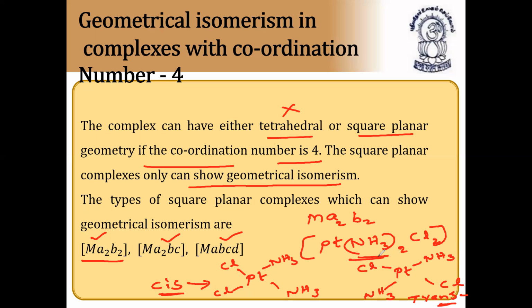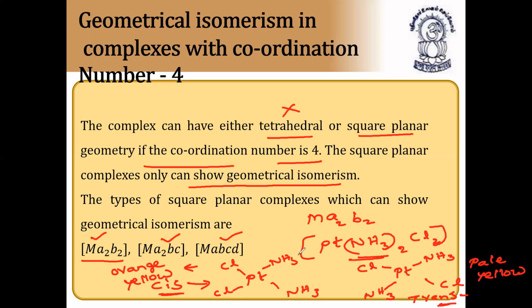Cis form is orange yellow in color and trans form is pale yellow in color. So please note down this also. This is the cis isomer and this is called trans isomer.